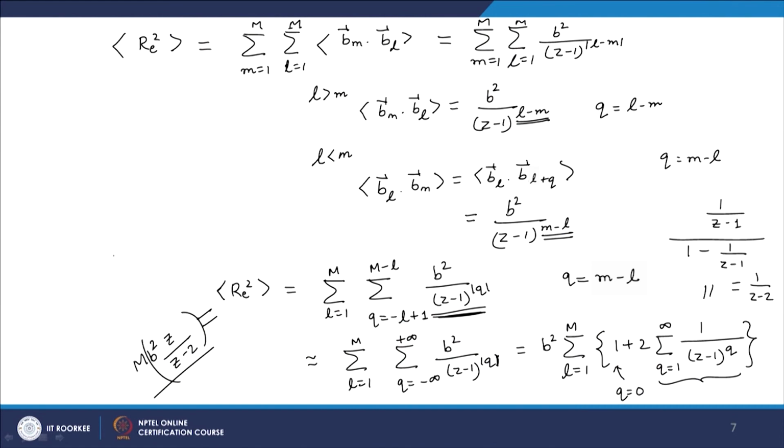The scaling law is still going to be unchanged. Okay. So, this is what we have seen, that the scaling law, that the mean square end to end distance is proportional to the number of steps or the number of segments, does not change even if we allow for the case when the folding back is not happening.